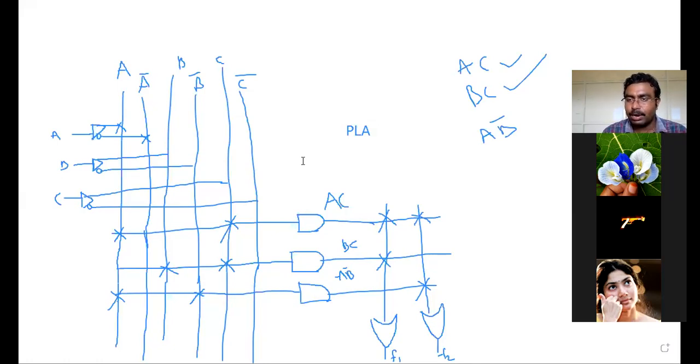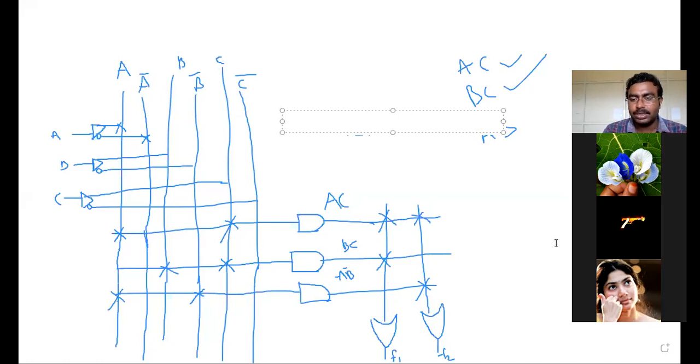Are you getting the same number of inputs, product terms, and outputs or not? If the conditions are satisfied, you design a PLA program table, and then go for the design part like this. In the design, you should initially have input buffers, then the programmable AND matrix, followed by the programmable OR matrix. This is the procedure that we have to follow when designing a programmable logic array.